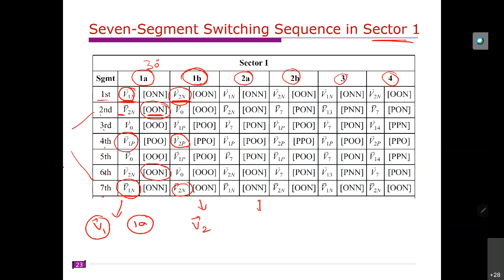Similarly, this is for 2A. Again, this V1 is divided, and this V2 is divided into P type and N type. Here only one small vector is there, so only V1 is implemented. V1 is divided into two parts, and here V2 is divided into two parts. It's clear?